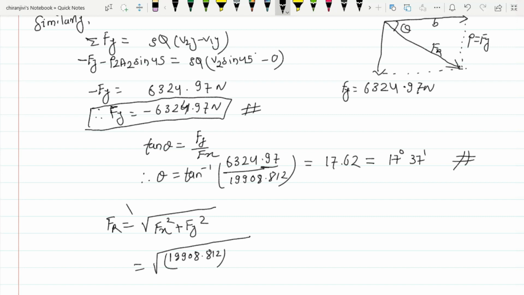This squared plus Fy, minus 6324.97, squared. Okay, and the resultant value is almost 20880 Newton. Okay, this is our final answer we had to find.